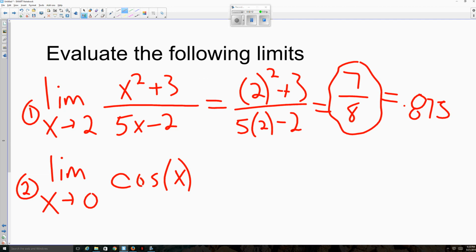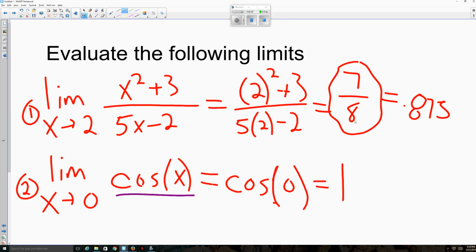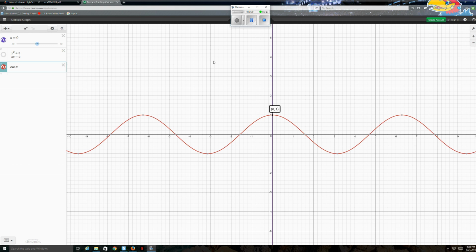Now, if I have a trigonometric function, most often what's going to happen there is we're going to plug that in. This is equal to the cosine of 0. And that's just equal to 1. Okay, so we're going to check here on Desmos.